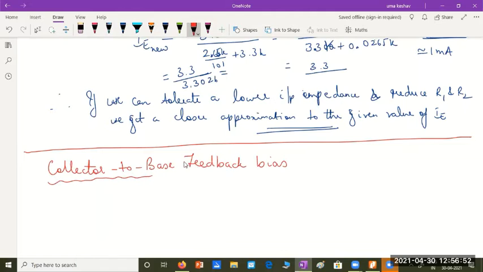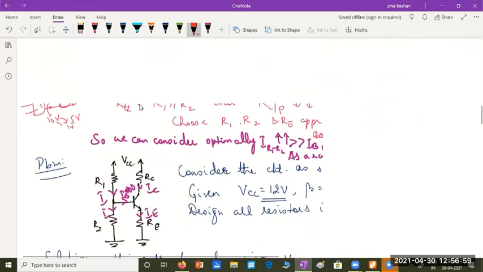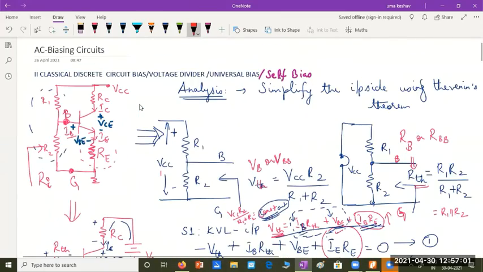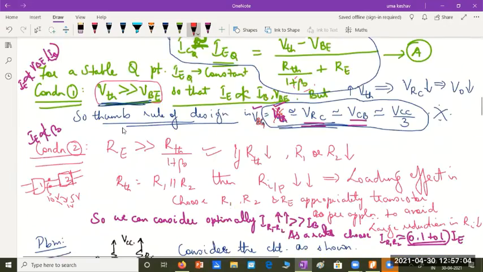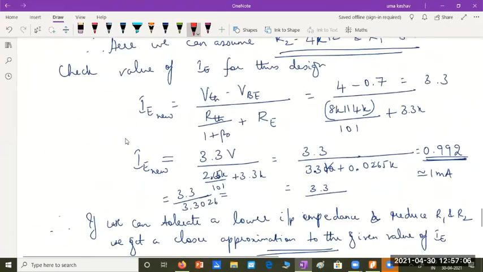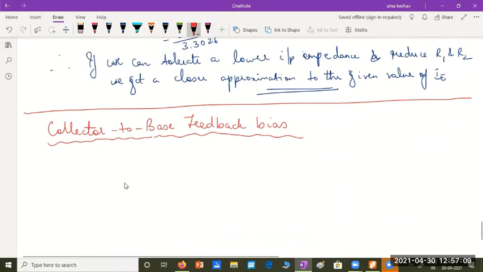So what we have done now is the best biasing arrangement used with amplifiers, and we have also seen what are the design considerations. Actually speaking, this is one way of designing. There is another alternate way of designing the biasing circuit in an amplifier, which you will be seeing in the lab. Have you done that in the first lab when you did oscillators? Did Praveen sir explain about the biasing design?